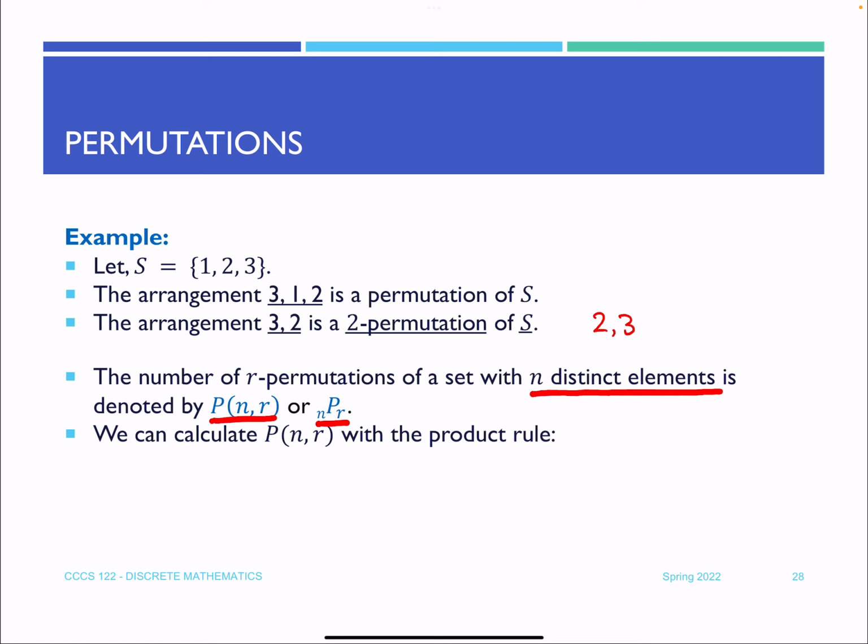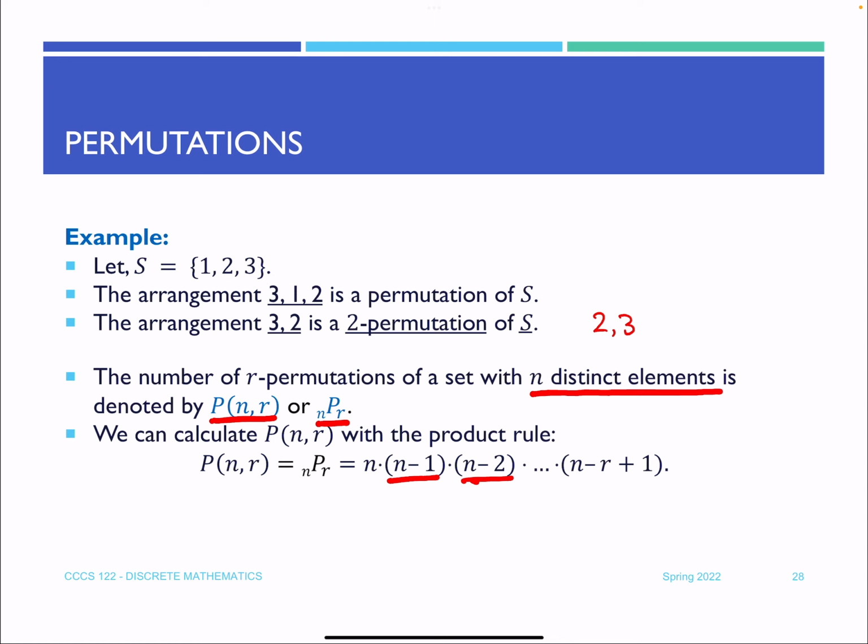So P(n, r) is n times n minus 1 times n minus 2 times n minus 3, down to n minus r plus 1. And we'll get into the logic of why this formula is what it is, and we'll see another form of it.